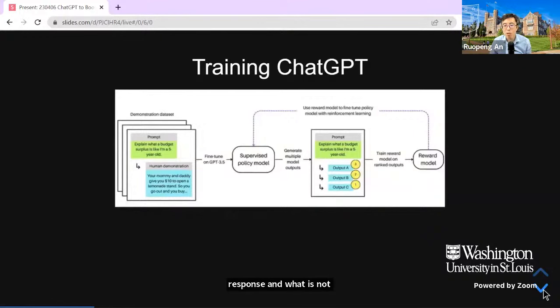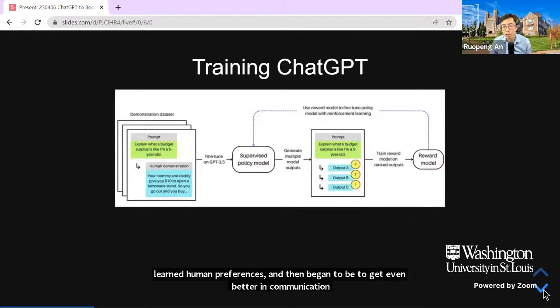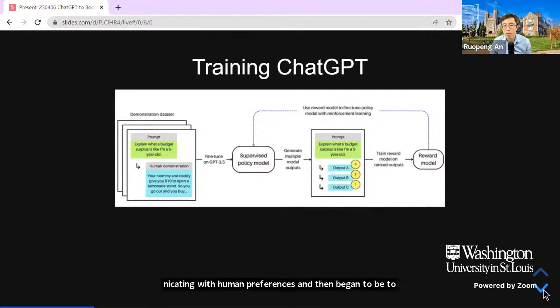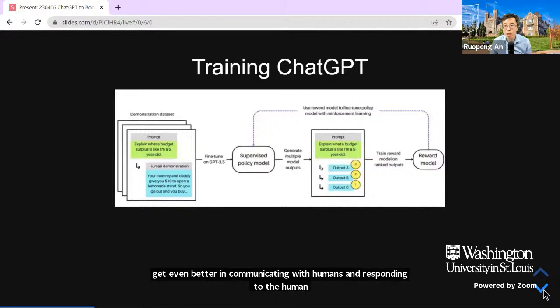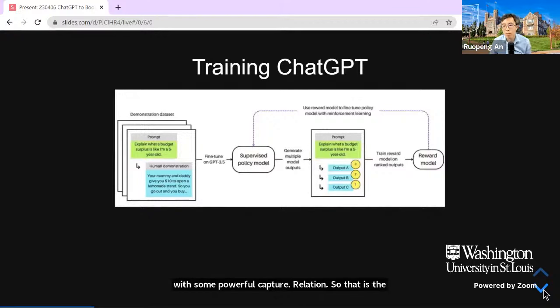Based on the human feedback, the GPT model learned human preferences and then got even better at communicating with humans and responding with helpful text generation. So that human in the loop, and reinforcement learning, is a key part of ChatGPT, which differs from the previous NLP models.